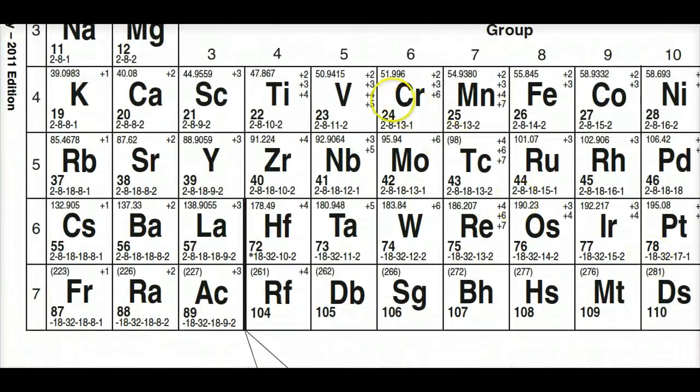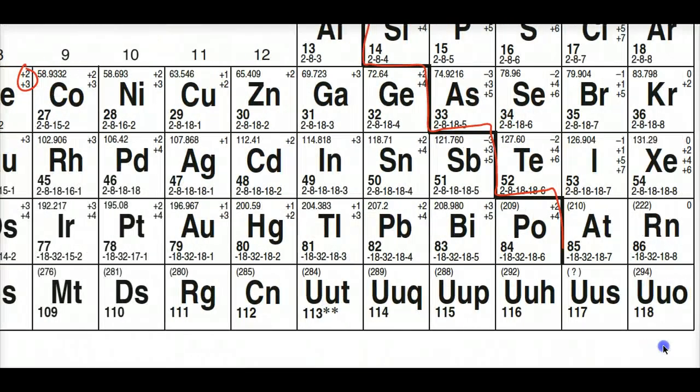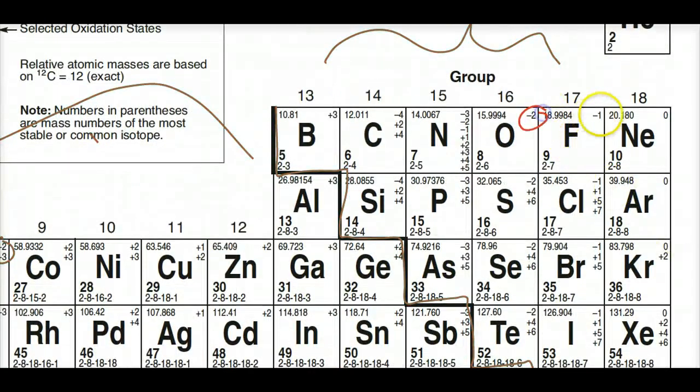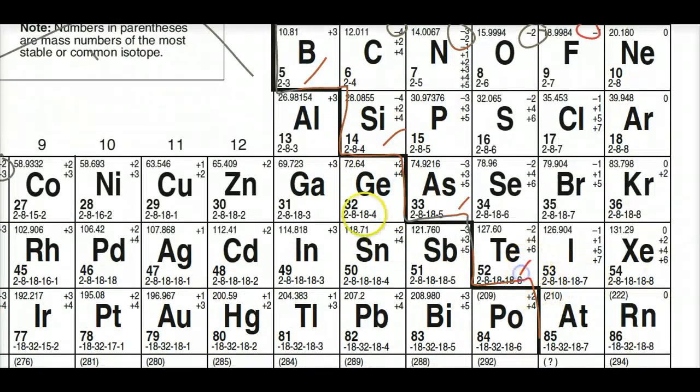These all become positive. You become positive by losing negatives. These guys do not hold on to electrons tightly. These guys above the staircase can become negative because they love to gain electrons, because they attract electrons. The ones on the staircase have properties of both metals and nonmetals, including germanium and antimony. They're the semi-metals or metalloids.